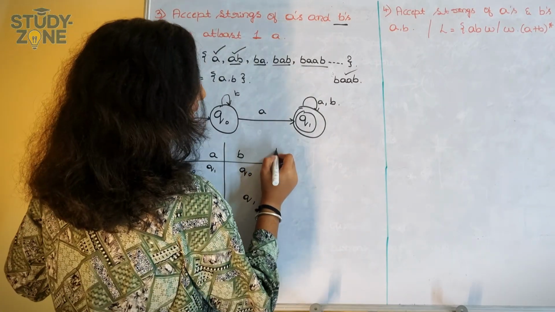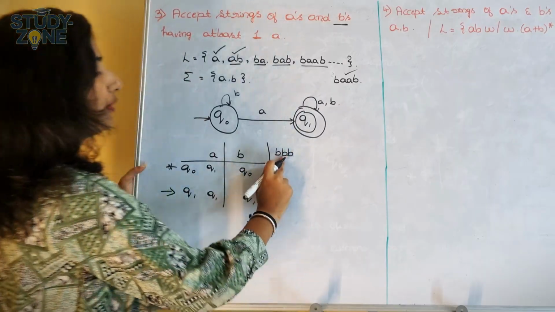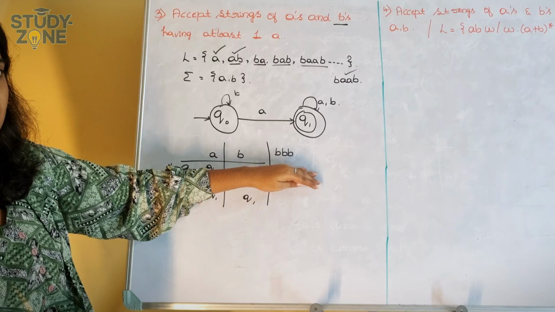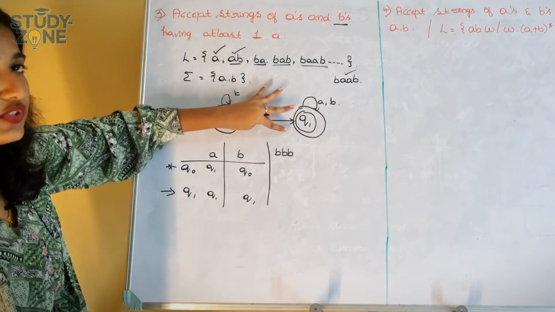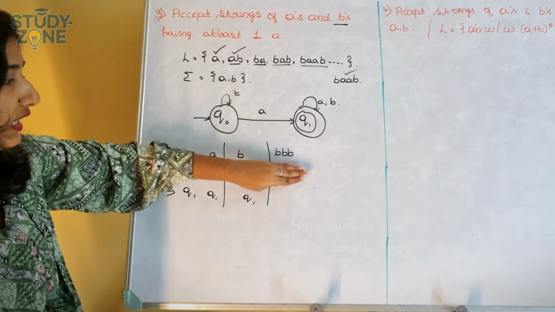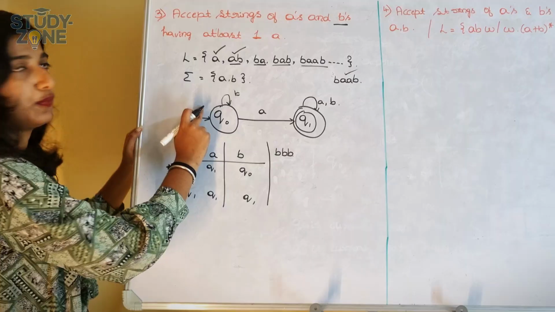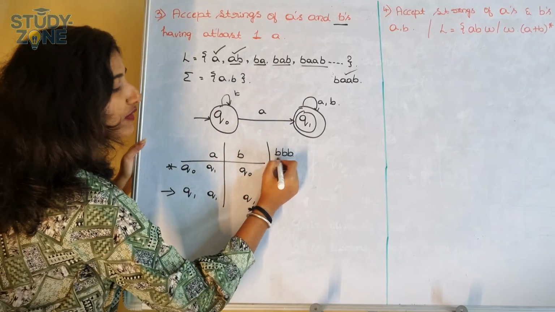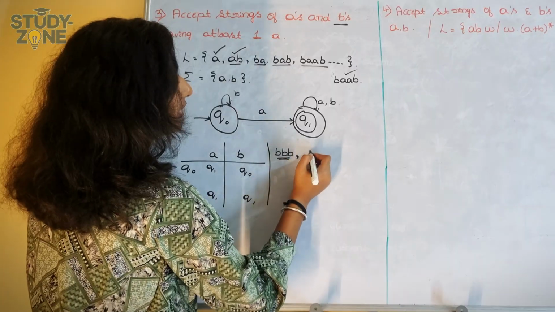So here let's take an example which should not be accepted. Only the valid strings should be possible with this diagram. If this one gets accepted, then this diagram is not proper, right? Because this is a false example. So let's take this one.